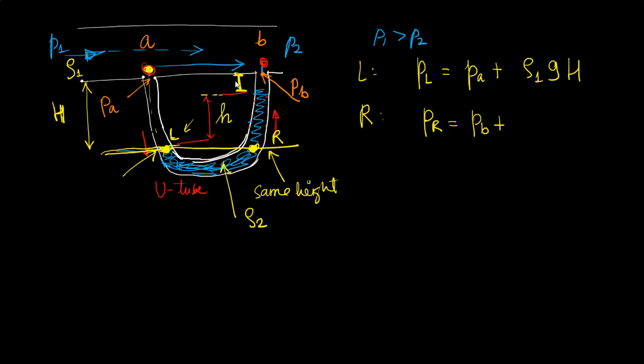This height will be equal to capital H minus small h, because this height is h. So it will be PB plus rho 1 g (H minus h) plus this particular fluid column, which will be rho 2 g small h.